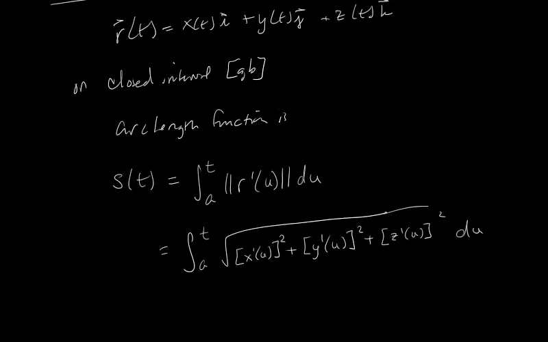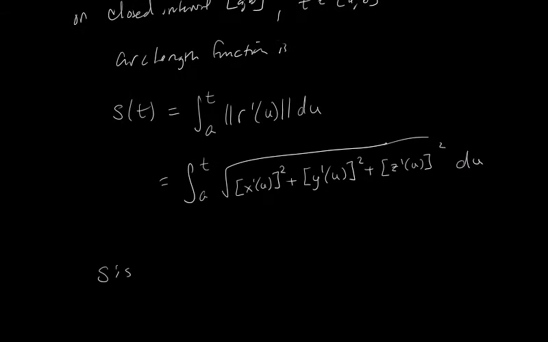You may be wondering, why isn't this integral going from a to b? Because this is a function of t. t is in the interval from a to b, so we begin at a and move up to whatever t is. And this arc length s is called the arc length parameter.